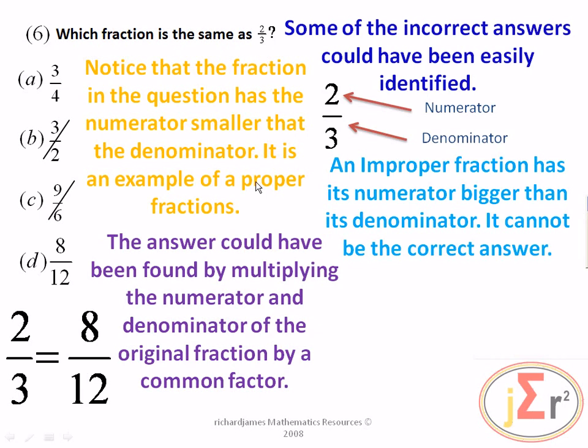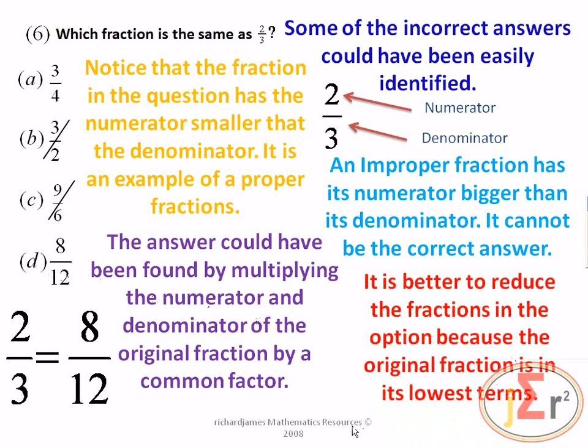So whereas we reduce this fraction to show that it is equal to this one, we could have multiplied this fraction by a common factor to show that it is equal to this one, which will cause this one to be our correct answer. It is better to reduce the fractions in the options because the original fraction is in its lowest terms.